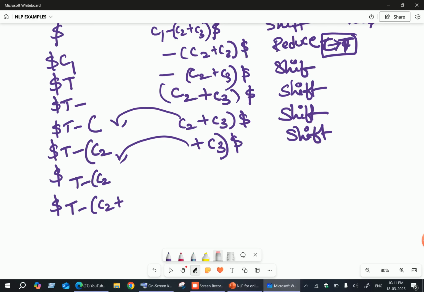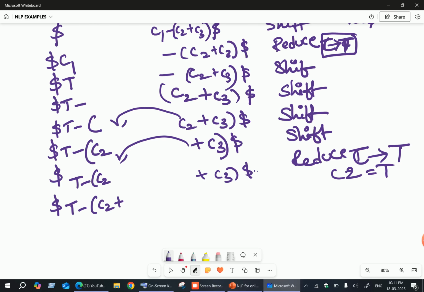So here we need to perform the reduce action. So that is plus C3 of this dollar, and we will perform the reduce action which reduces C to T. So that C2 is going to become a T. Then in the second step, this C2 is going to become a T.